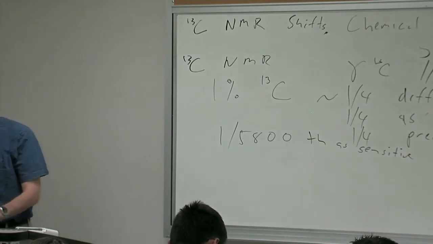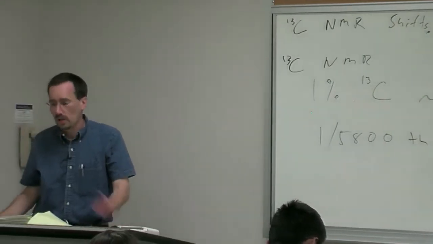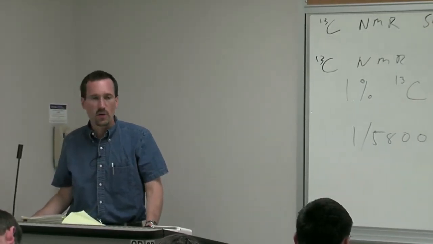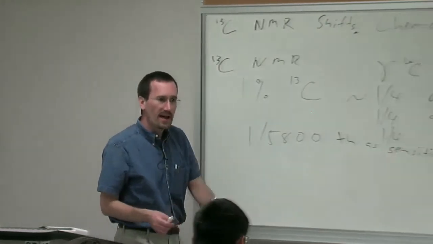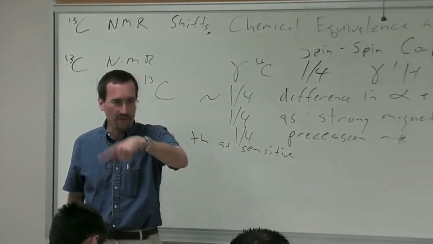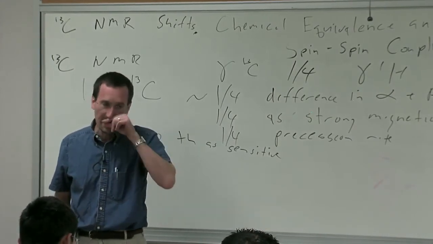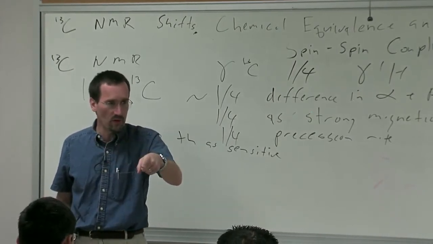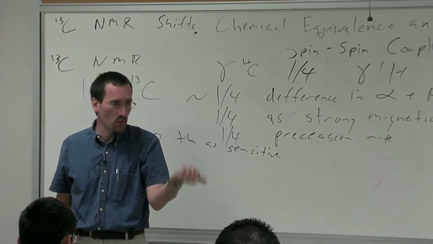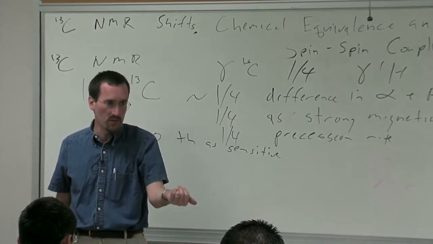Question? Is that precession rate, are you talking about the NMR frequency? The NMR frequency, yeah. If you take a magnet and just spin it in a coil, if you spin it faster, you get more voltage. If you spin it twice as fast, you get twice as much voltage. If you take a magnet that's twice as big, you get twice as much voltage.